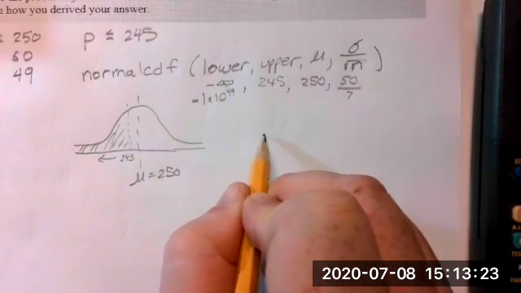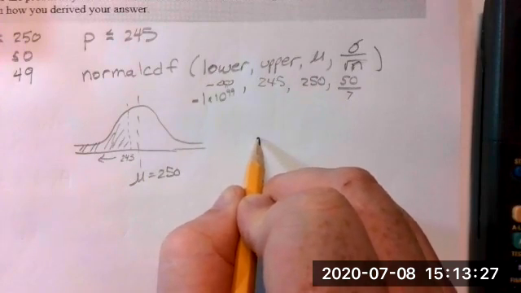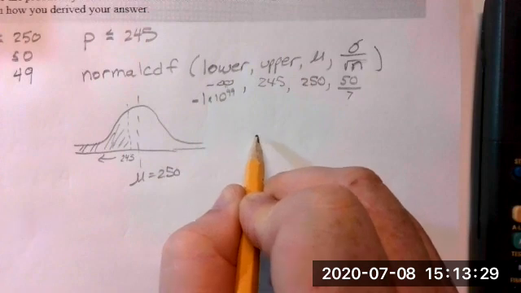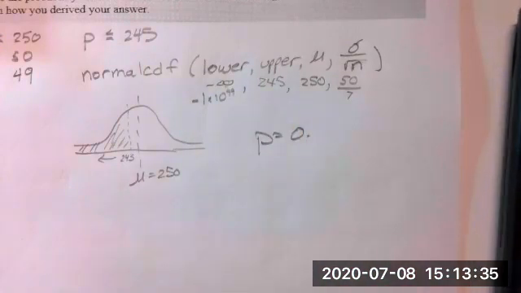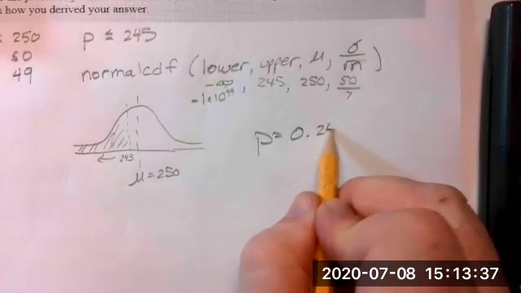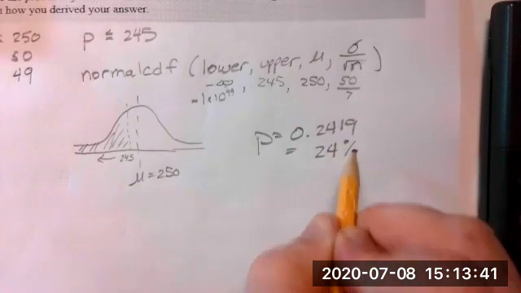So P is going to be 0.2419, which is approximately 24%.